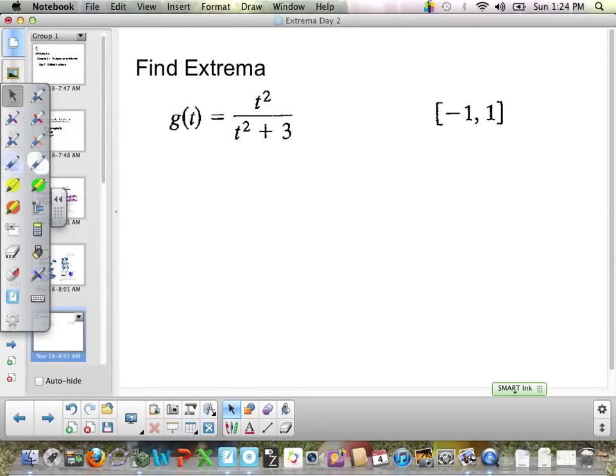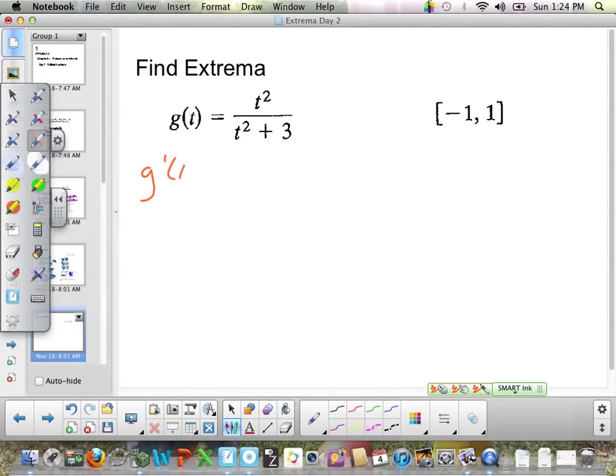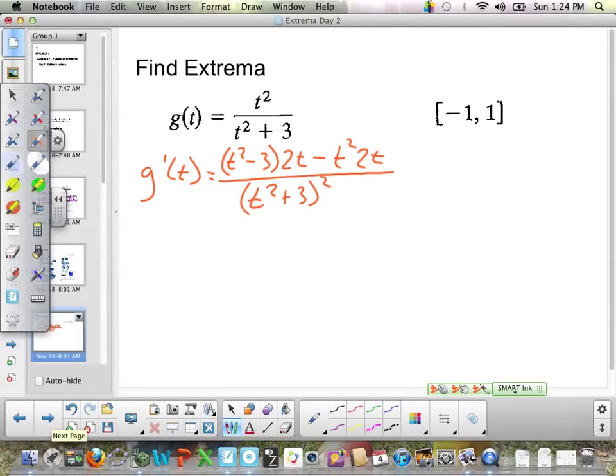And so what we need to do then is take our derivative. g prime is the bottom function, t squared plus 3, times the derivative of the top, minus the top function times the derivative of the bottom, all over bottom squared. We'll clean up the top.